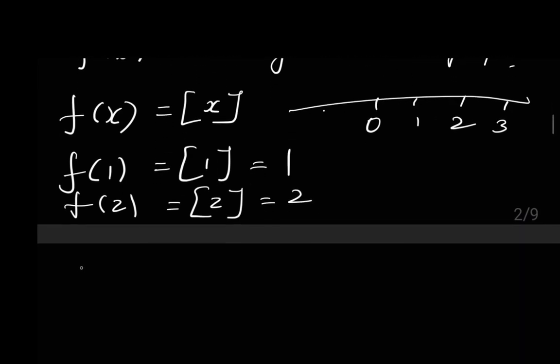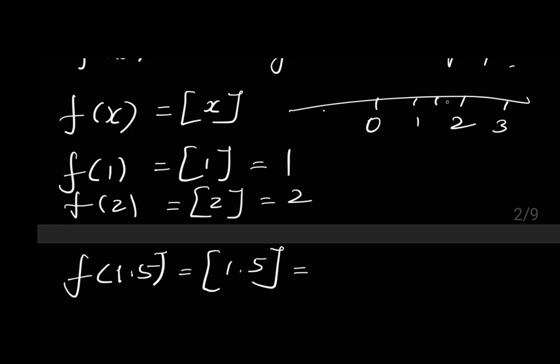Just take a decimal value, 1.5. That is closed bracket 1.5. So 1.5 lies between 1 and 2. You have to see the greatest integer. See the decimal value. So 1 is the integer, then 0.5.